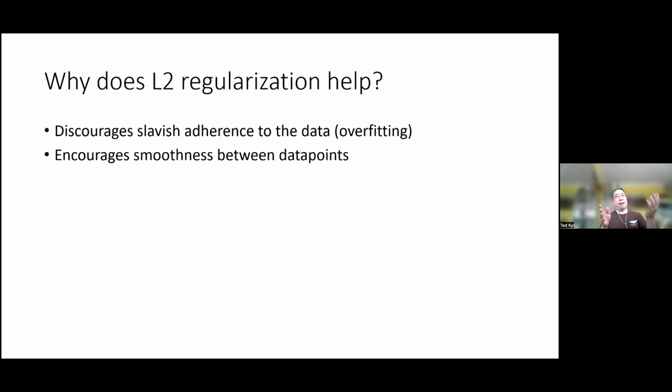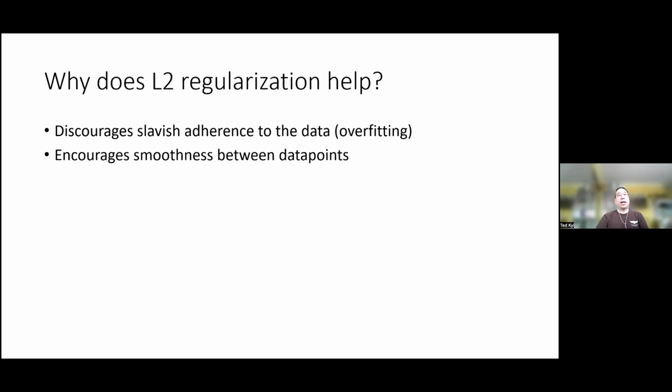If you have a house price prediction and a house that has one bathroom and it's $100,000, and a house with 3 bathrooms, everything else the same, and it's $150,000, you don't expect the 2-bathroom house to be some crazy number. You expect it to sit somewhere between the $100,000 and the $150,000 prediction. That's not always true, but in most problems, that's the prior that we want to impose on the system.